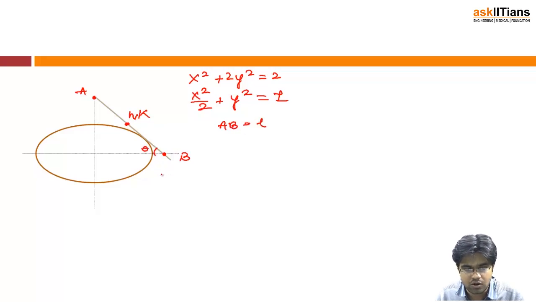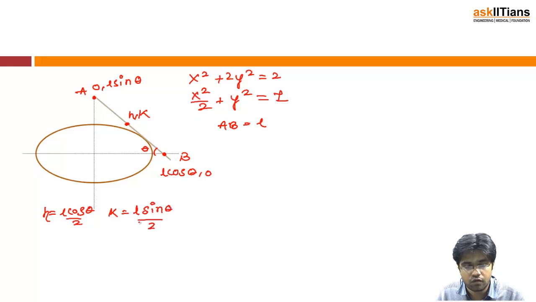Then the coordinate of B is (L cos theta, 0). Similarly, the coordinate of A is (0, L sin theta) by resolving the components. That means my h is L cos theta by 2 and my k is L sin theta by 2.